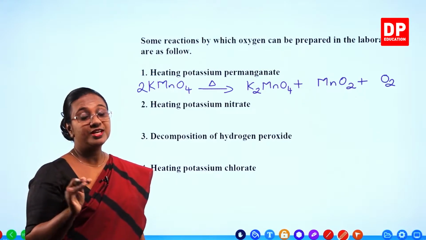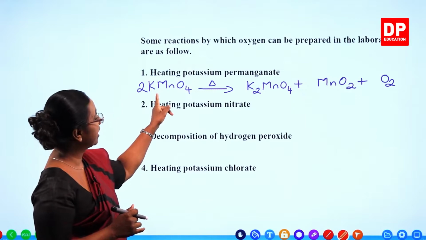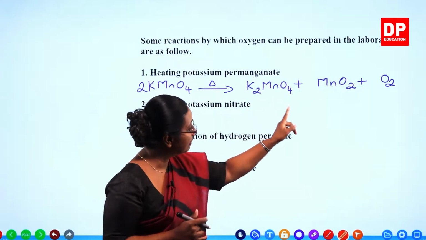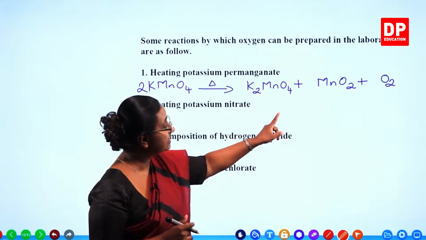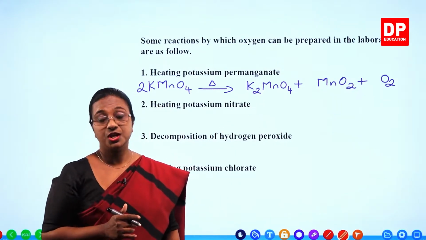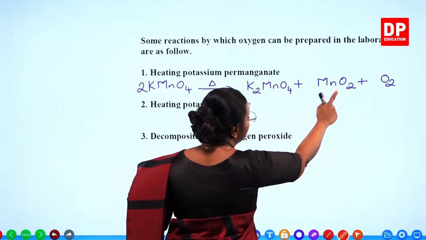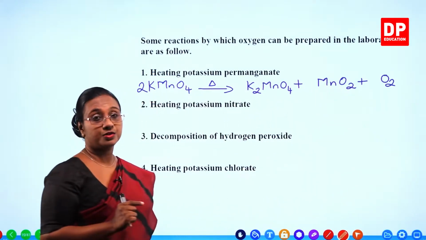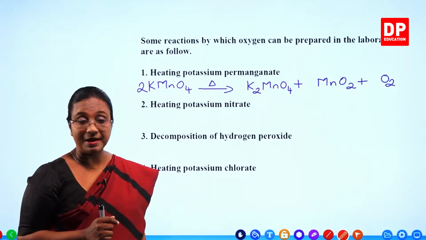So I am sure, students, if you remember the decomposition reaction, when you have potassium permanganate, you need to remember the products. Potassium manganate, manganese dioxide and oxygen. You need to know their names as well. Potassium manganate, manganese dioxide and oxygen. So that is the heating of potassium permanganate.